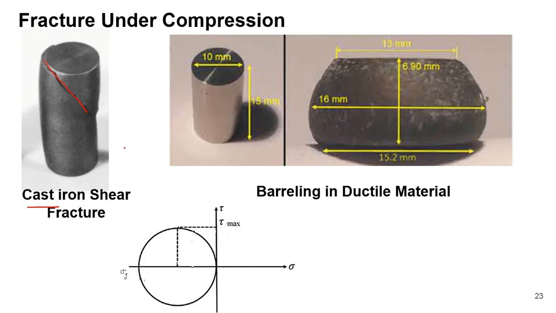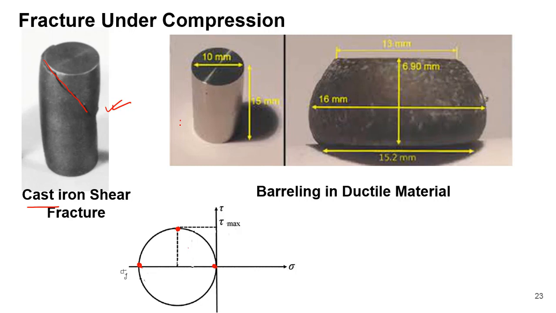So what happens in those cases is that even brittle material fractures because of the shear, and the shear is maximum here at an angle of 90 degrees from this location. So in the actual element, it is 45 degrees. That is why you will observe this kind of shear failure of the cast iron.